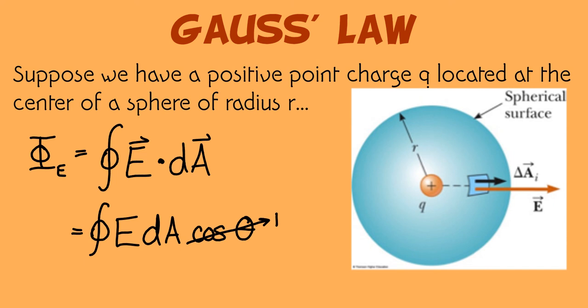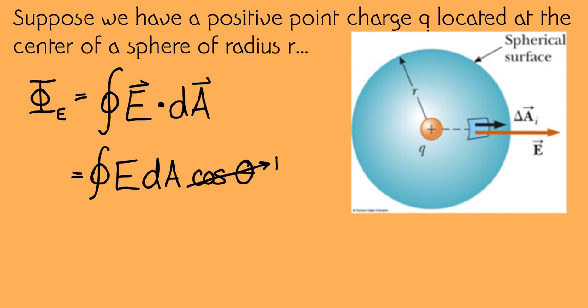Now there's something else I know that's going to make my life convenient for this, and that's the fact that I know what the electric field is for a point charge. That can be expressed as kq over r squared. Now, if I think about this sphere, the center of the sphere is where the charge is located, and therefore every piece of the spherical surface is the same distance r away.